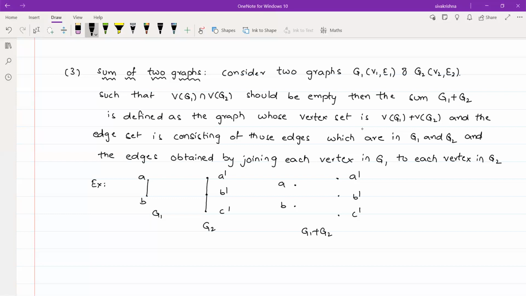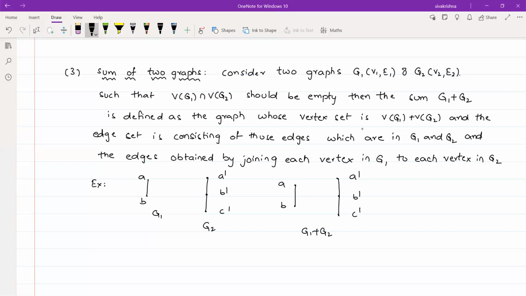So I am drawing the edges in G1. Okay, this is the only edge in G1, and we have 2 edges in G2, and those 2 edges are these 2 edges. In addition to these edges, we can also draw some edges obtained by joining each vertex in graph 1 to each vertex in graph 2.